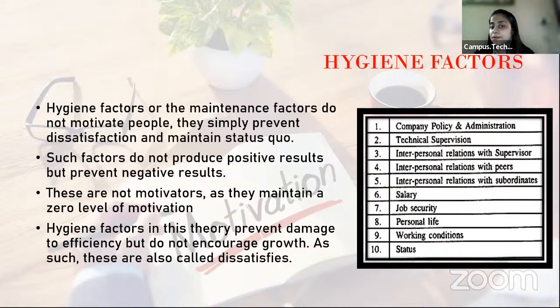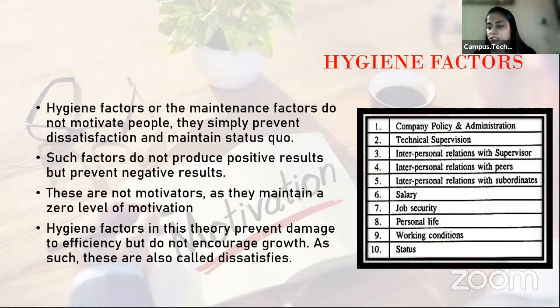Salary, job security. What security does the job offer to you? Your personal life: how are you able to maintain a good personal life? Is there work and personal life balance? Are you overburdened, or is the working culture very good? All these personal life factors are again one of the hygienic factors, which stop you from showing negative results for the organization.